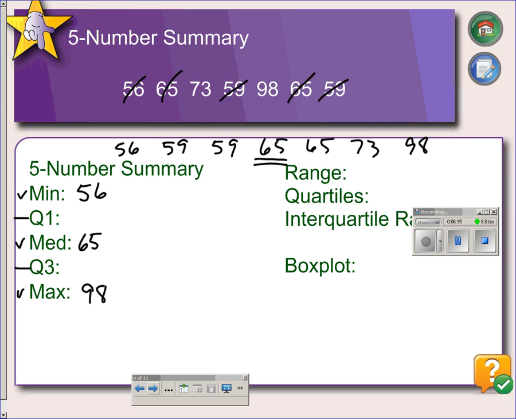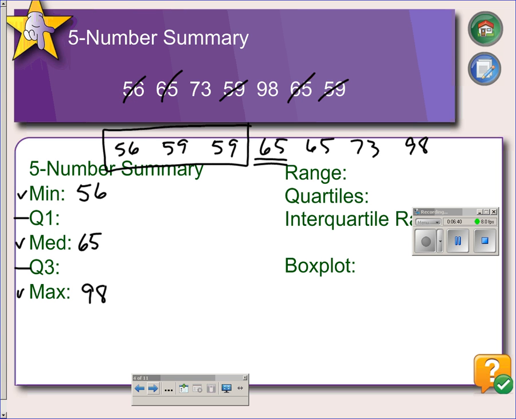Okay, so then the Q1 and the Q3 are quartiles. A quartile is the number that divides your data set into quarters. So if I want the first quarter, that means I want the lowest 25% of the data. So since 65 is in the middle, what I'm looking for is the middle of this lower set of data.